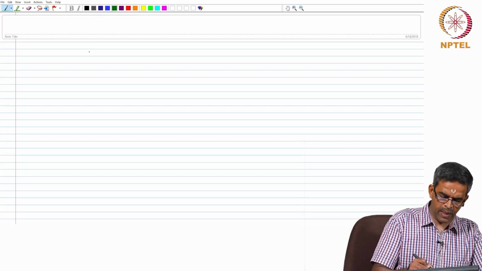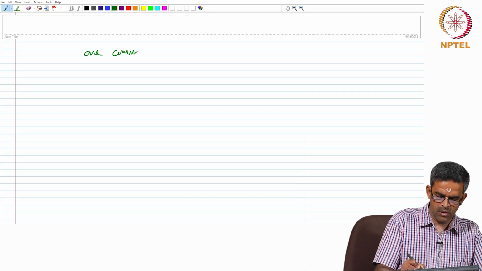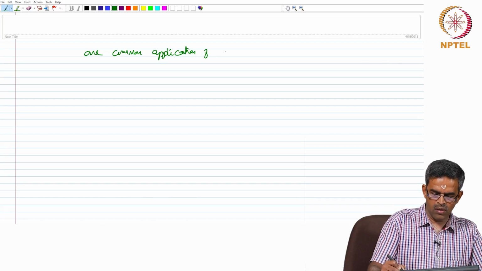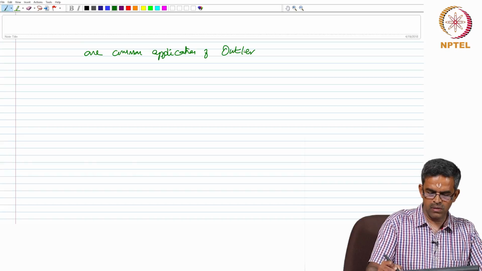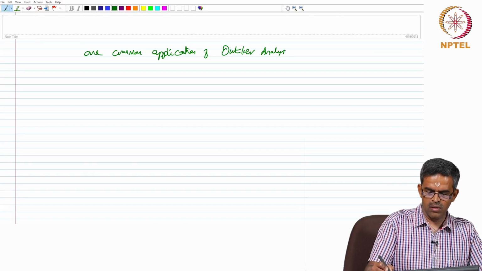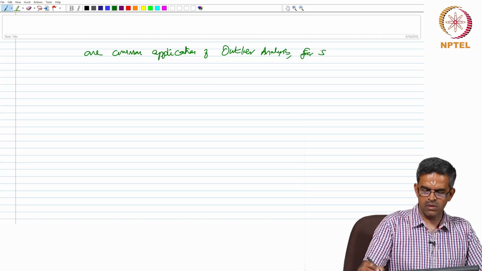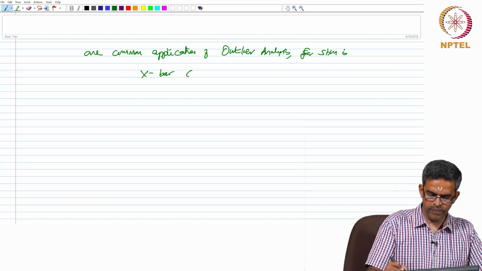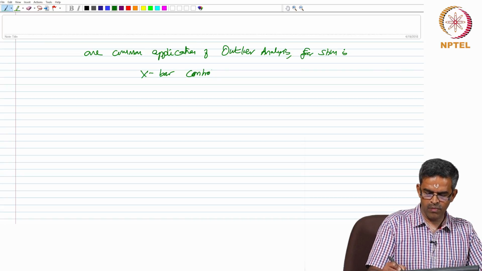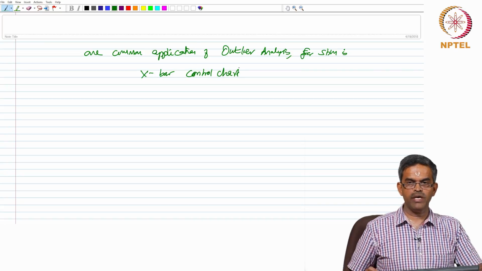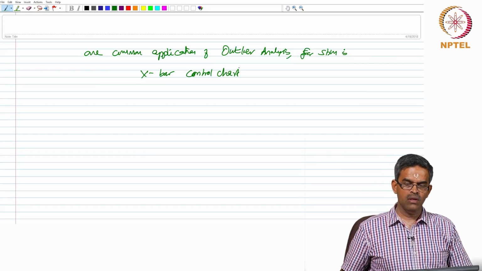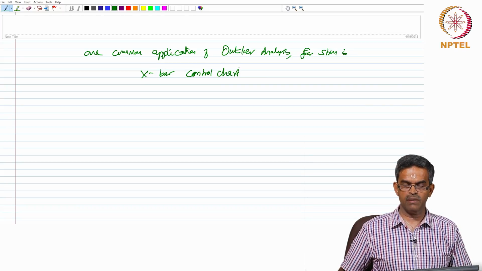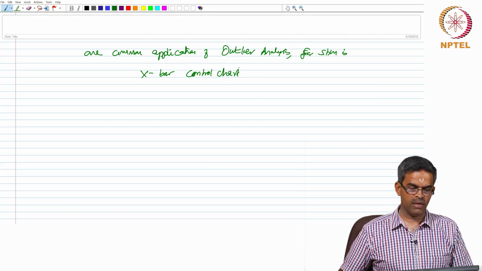One common application of outlier analysis recommended for structural health monitoring is the X bar control chart. We will not be able to discuss more detail about the specific application. You can look into Fugate et al. 2000 to learn more about the X bar control chart and its application as far as SPR is concerned.